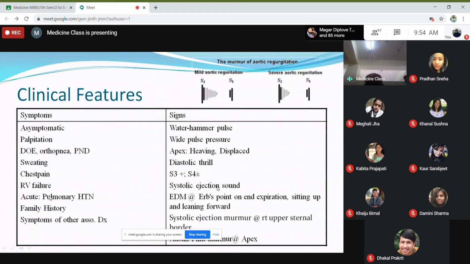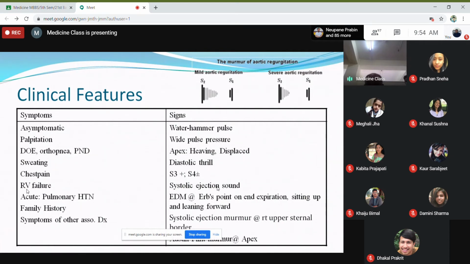There may be symptoms of other associated diseases like syphilis or connective tissue disorders, which the patient may have along with the symptoms of aortic regurgitation.